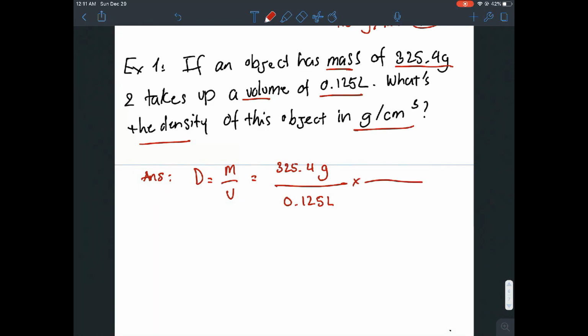So we have 1 liter is equal to 1000 cubic centimeter as we talked about above. Hence, we have the density is equal to 2.60 gram per cubic centimeter. Okay.